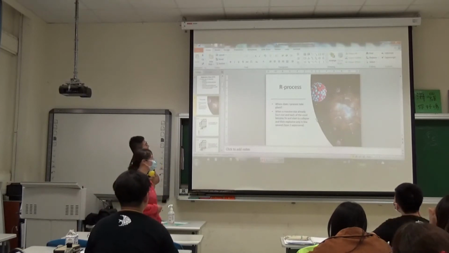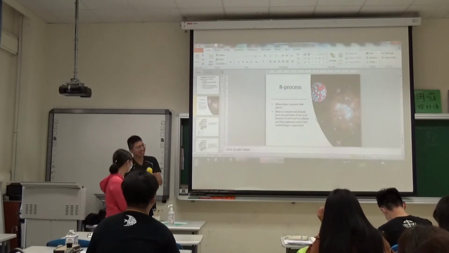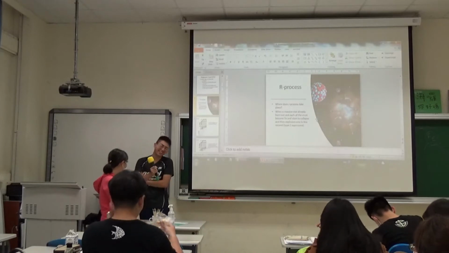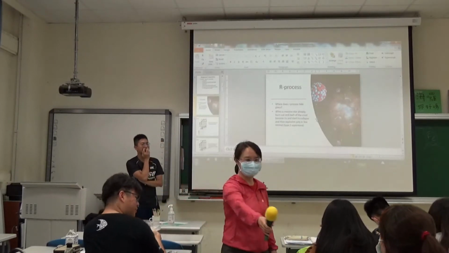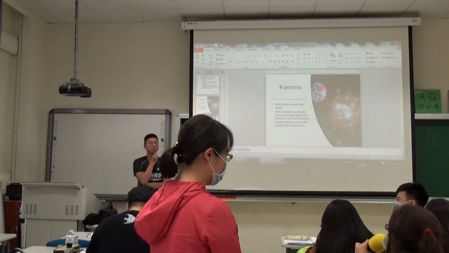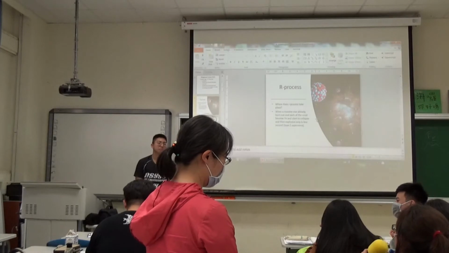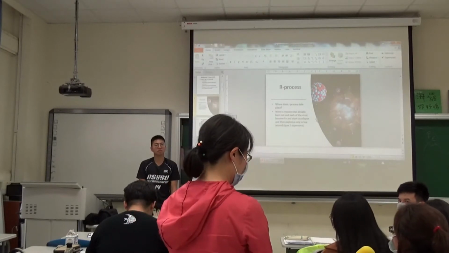Nobody can answer. Can you? You have something to add on? I only searched a few things and it didn't give details. It only says neutron rich, a larger ratio of neutron to proton.